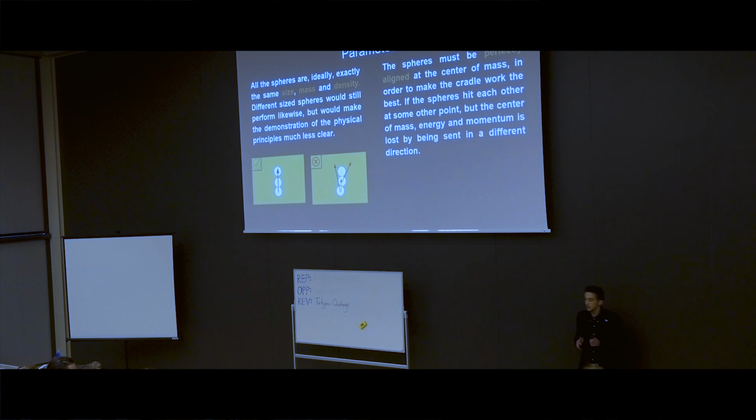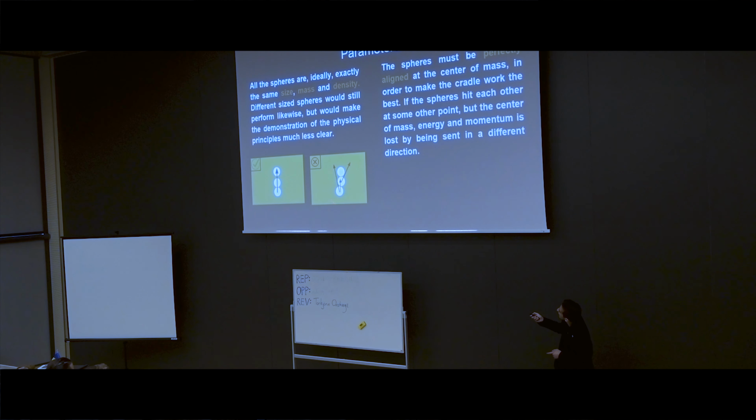Also, the spheres must be perfectly aligned at the center of mass in order to make the cradle work the best. If the spheres hit each other at some point other than the center of mass, energy and momentum are lost by being sent in a different direction. Here can be seen perfect alignment.